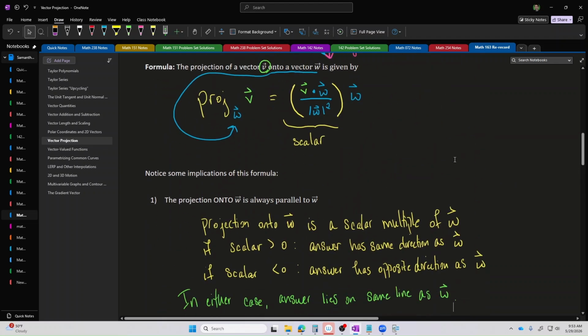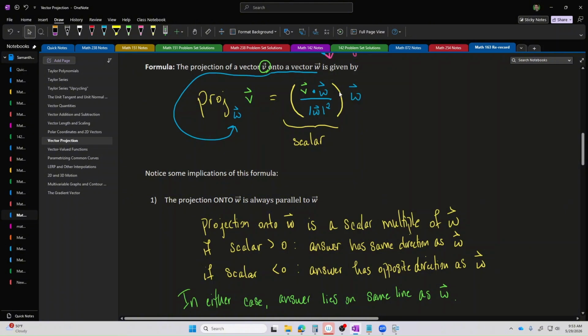The second interesting property of the projection suggested by this formula is that the final answer is completely unaffected by w's length. And that follows from the fact that the formula contains two instances of w, the w here in the dot product and the w here on the side that's being scaled. And we are also dividing out two copies of w's length. So this w is being divided by its length, and this w is being divided by its length.